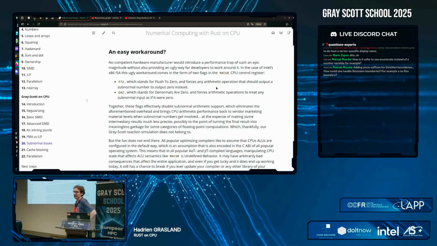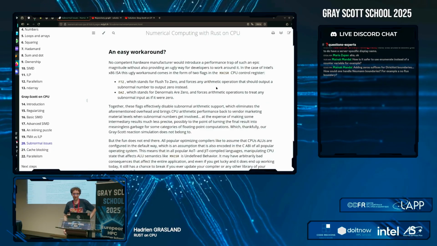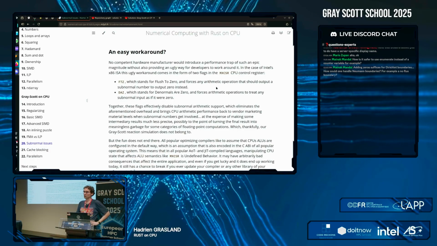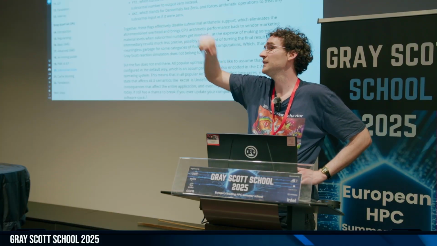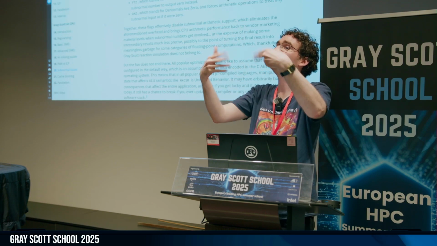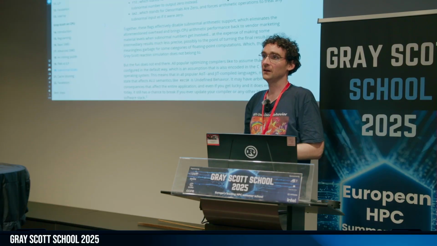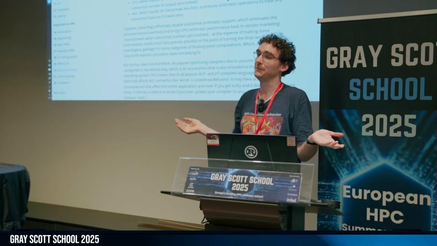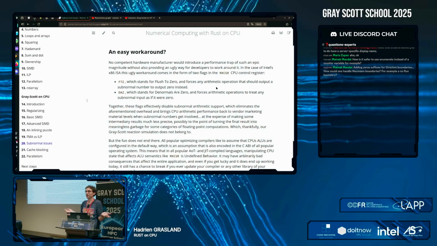In the case of Intel or AMD, this way comes in the form of two flags in a control register of your CPU, which respectively allow you to ask the floating point unit to take operations that should produce subnormal outputs and make them 0 instead, and take operations that receive subnormal inputs and treat these as if they were 0 instead. And when these flags are both set, basically you completely disable the handling of subnormal floating point operations, and you don't get the 100 times performance hit anymore.